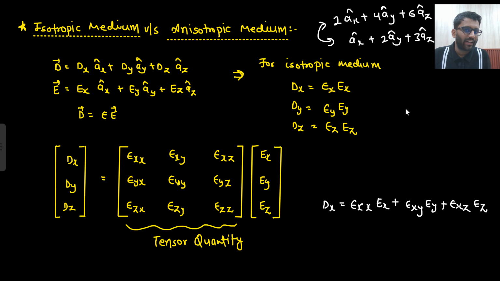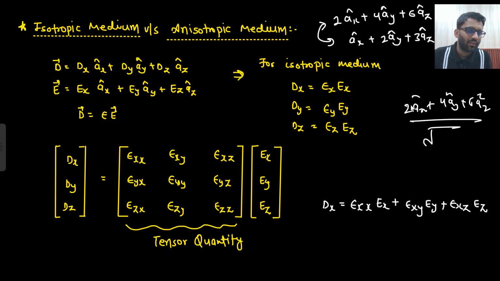If you need to know the direction of this, you take 2ax cap plus 4ay cap plus 6az cap, and then divide by the magnitude, whatever you get. And once you see, the unit vector will be same, because these two are linearly related, right?